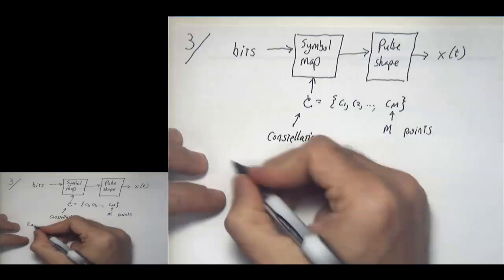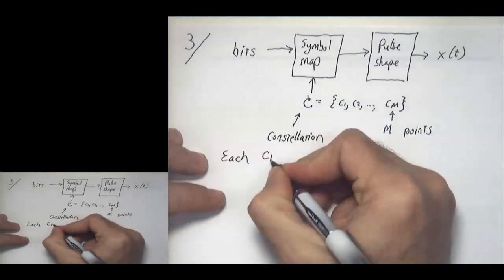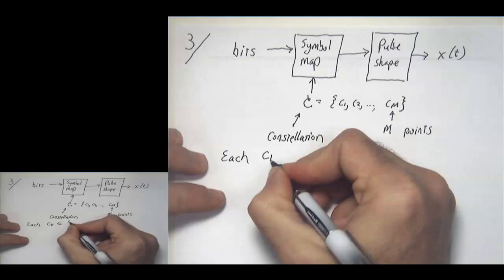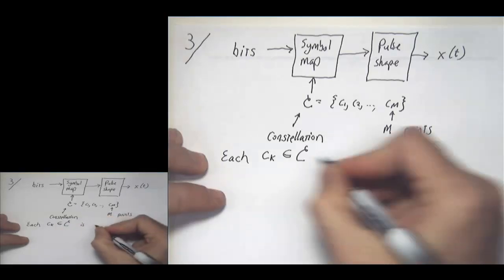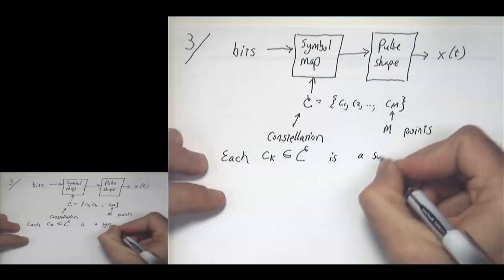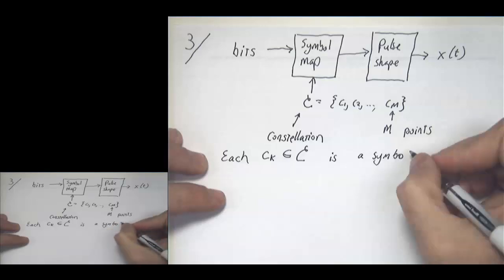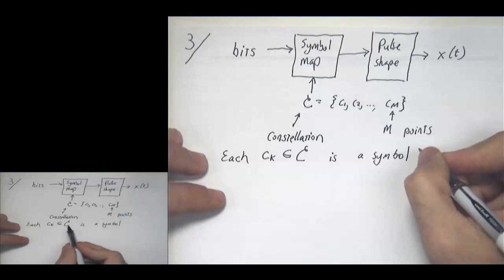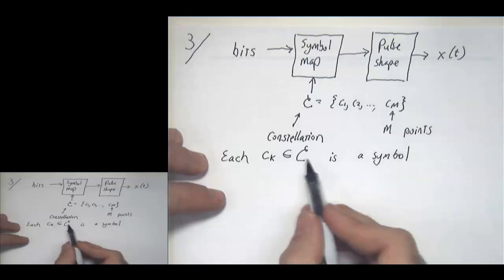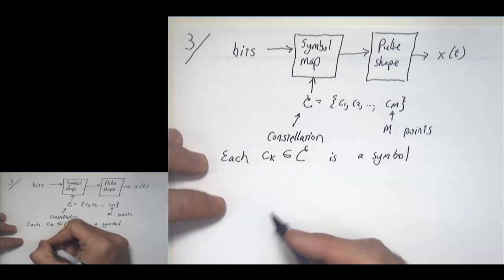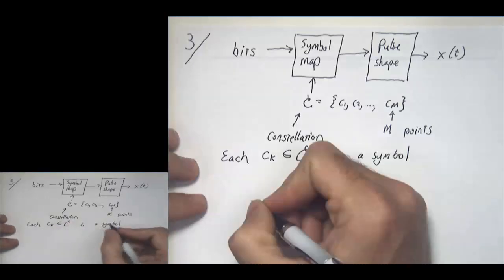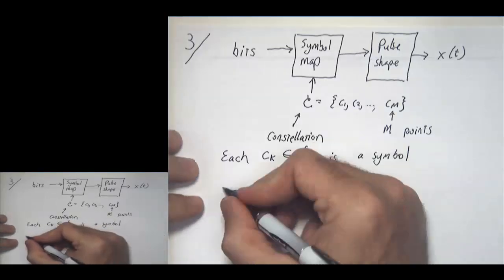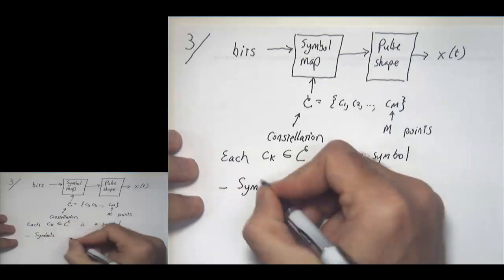And then each C of k, which is an element of the set C, a constellation, is a symbol. In this class, primarily we're going to deal with symbols that are either real or complex, typically complex.